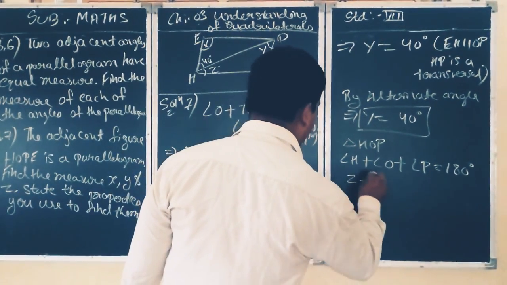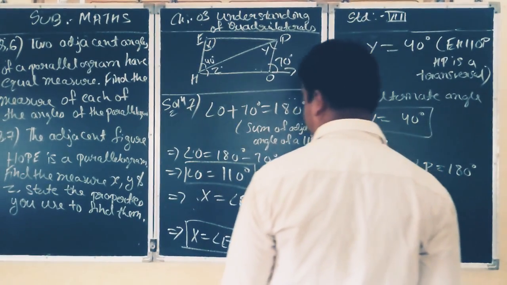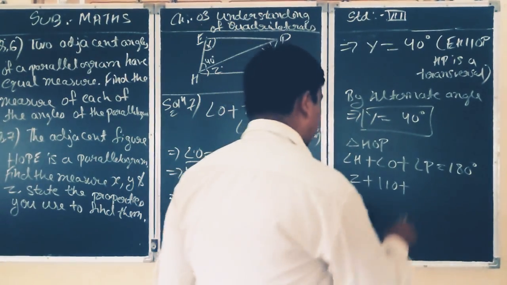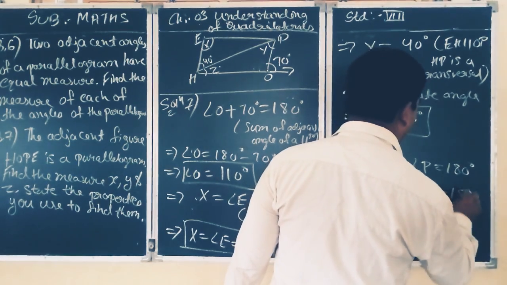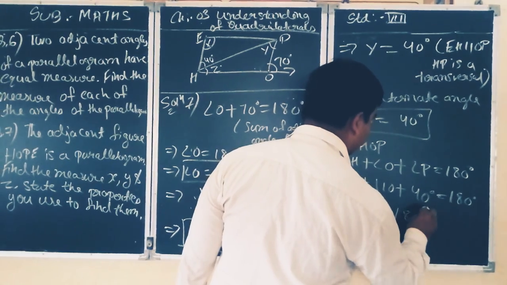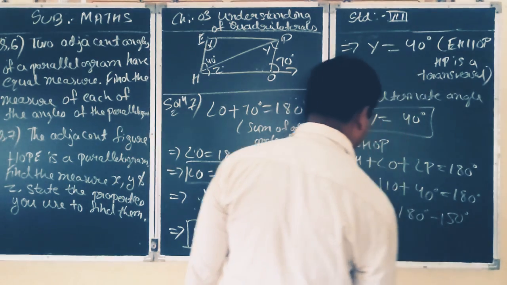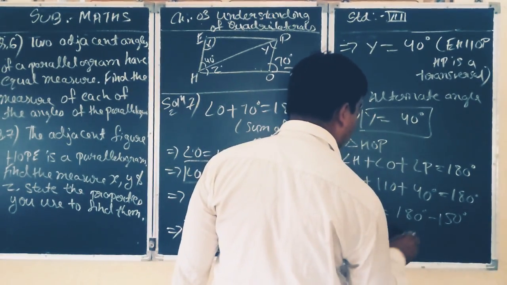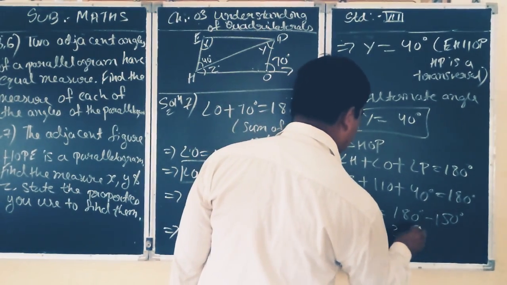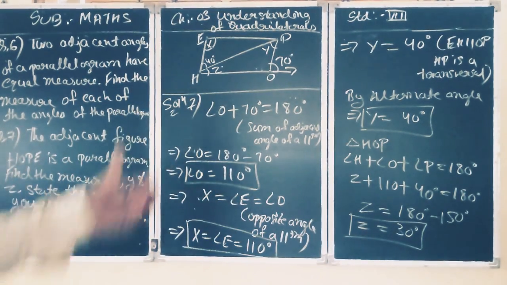Angle H is z, angle O is 110 degrees, and angle P is y, which is 40 degrees. So z equals 180 minus 150, which is 30 degrees.